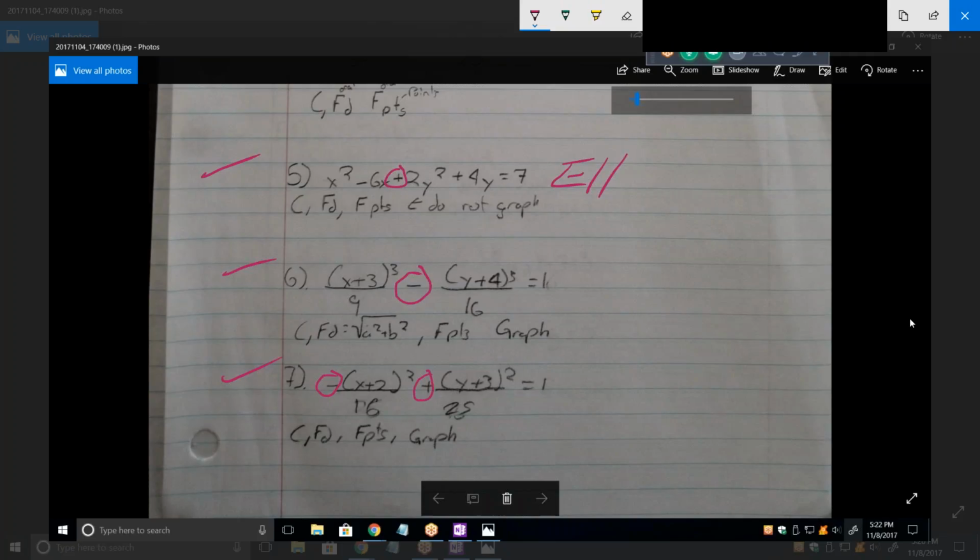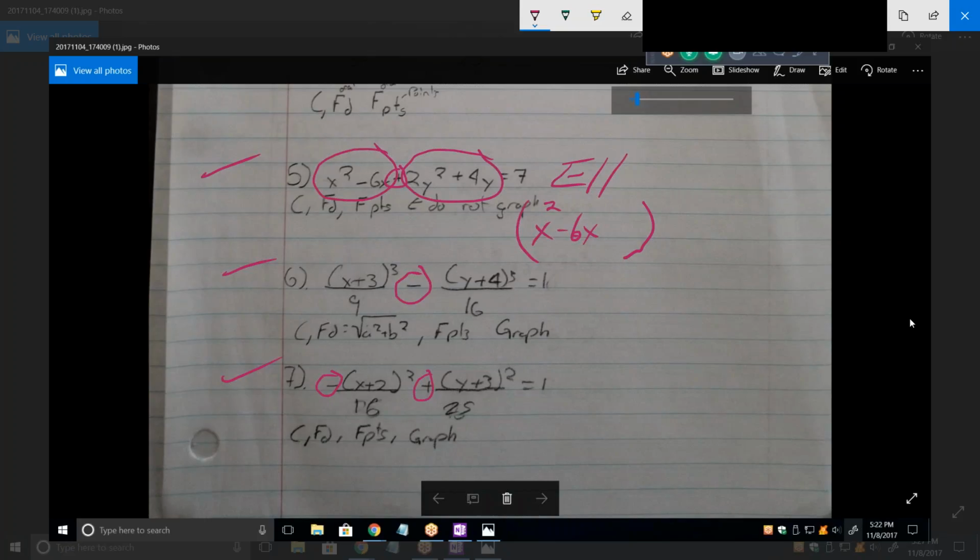Here's the way to describe it. You have to combine the x terms, combine the y terms with parentheses, and complete the square within the parentheses. So the first thing I'm going to do is combine the x terms and put parentheses around them and leave room to complete the square.